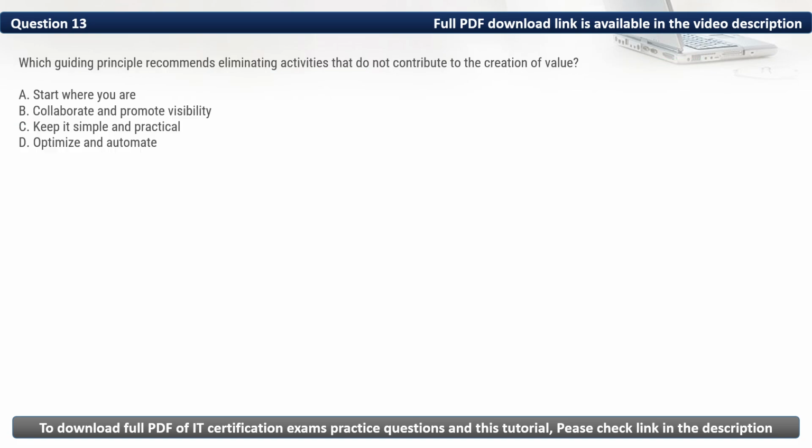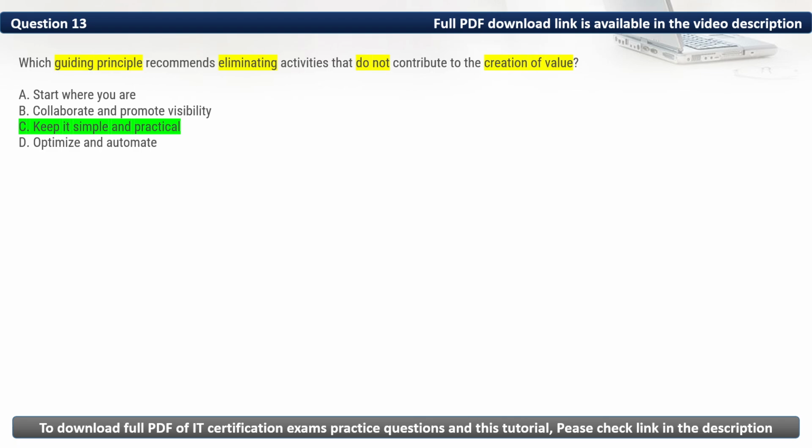Question 13. Which guiding principle recommends eliminating activities that do not contribute to the creation of value? Keep it simple and practical is the guiding principle that recommends eliminating activities that do not contribute to the creation of value.